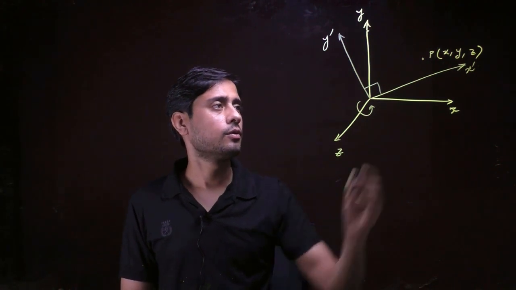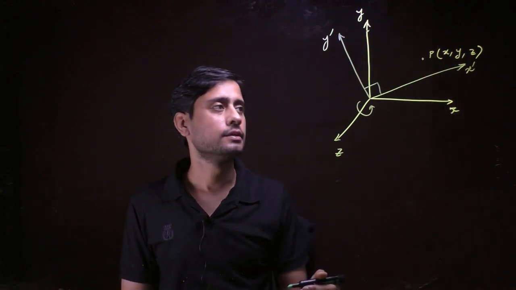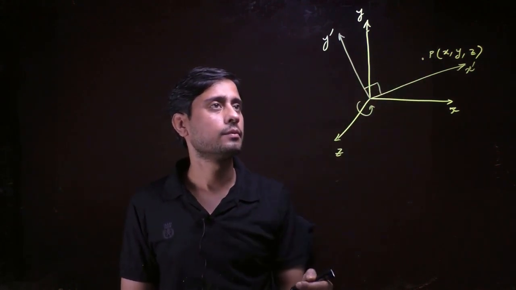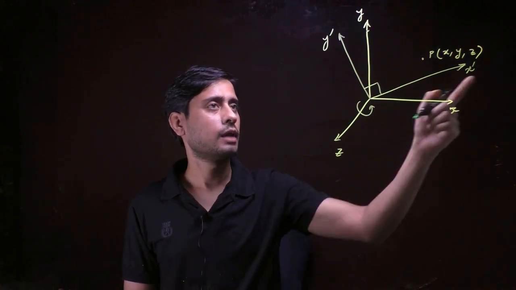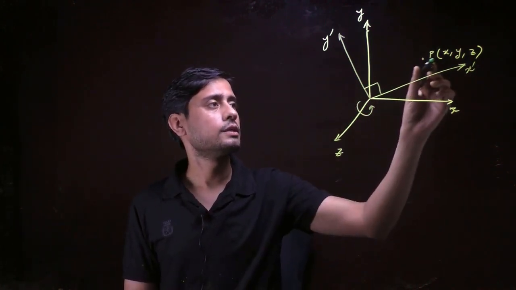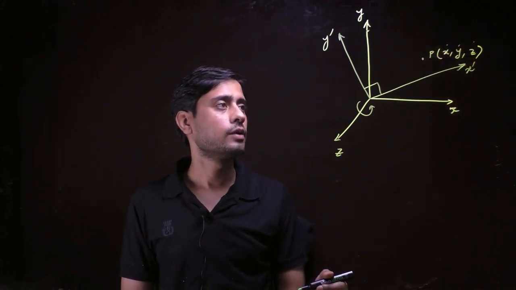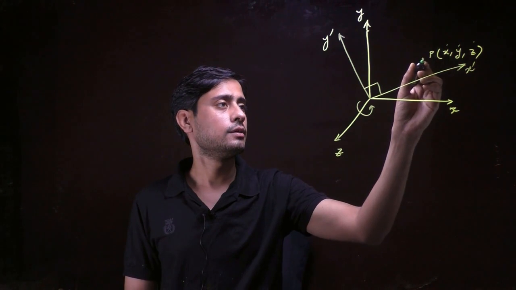Initially the coordinates were x, y, and z. In the new coordinate system, x prime and y prime, these values should change. Because what do you mean by a coordinate?